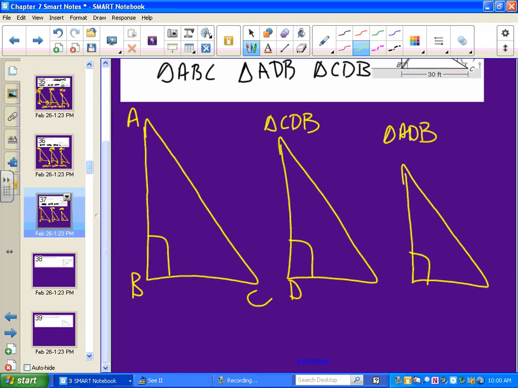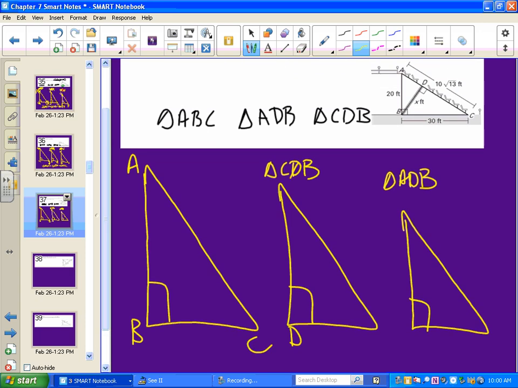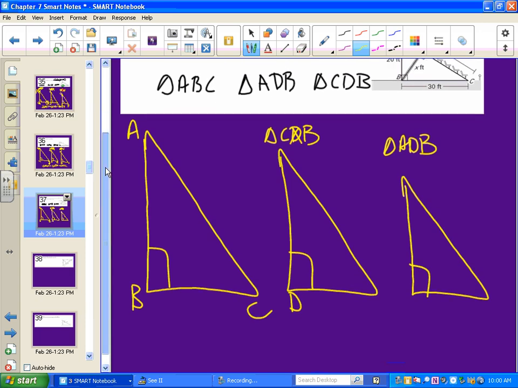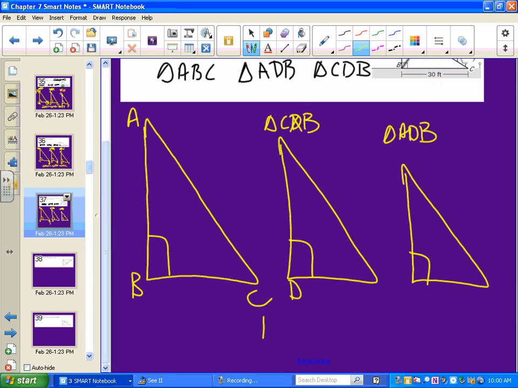We'll put D at the bottom. Now C and B. C is right here in the original, so C goes in the bottom right, and B up at the top. Triangle ADB, D is the right angle. A is at the top here in the original, so A goes at the top here, and B goes at the bottom right.